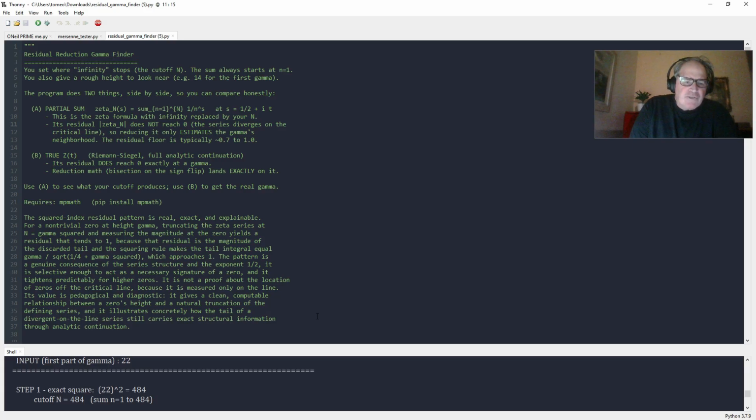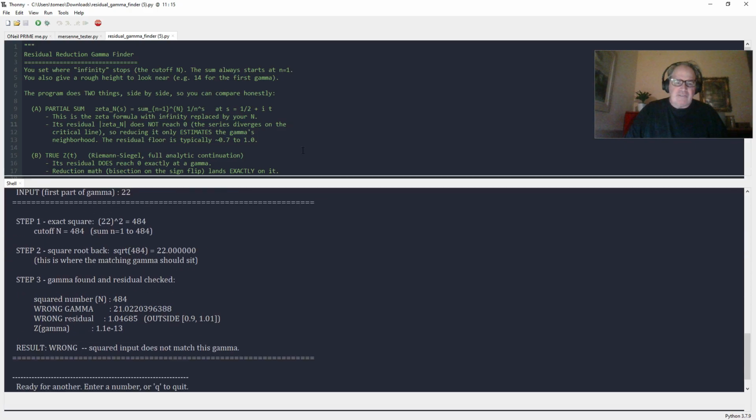Because it's measured only on the line, its value is pedagogical and diagnostic. It gives a clean, computable relationship between a zero's height and natural truncation of the defining series, and it illustrates concretely how the tail of a divergent on-the-line series still carries exact structural information through analytic continuation. So there you have it.